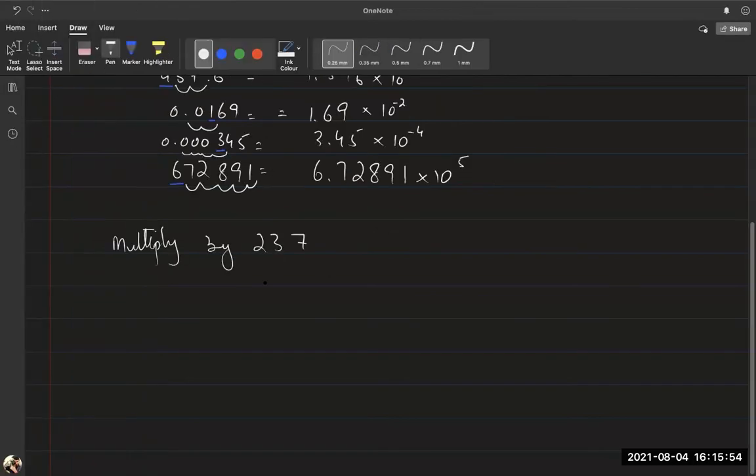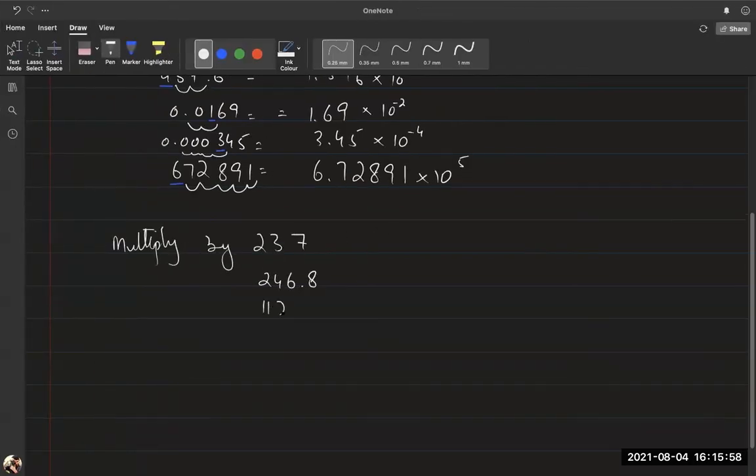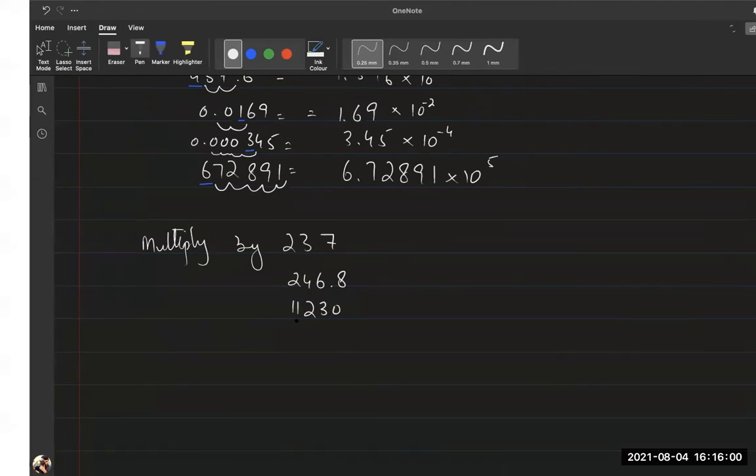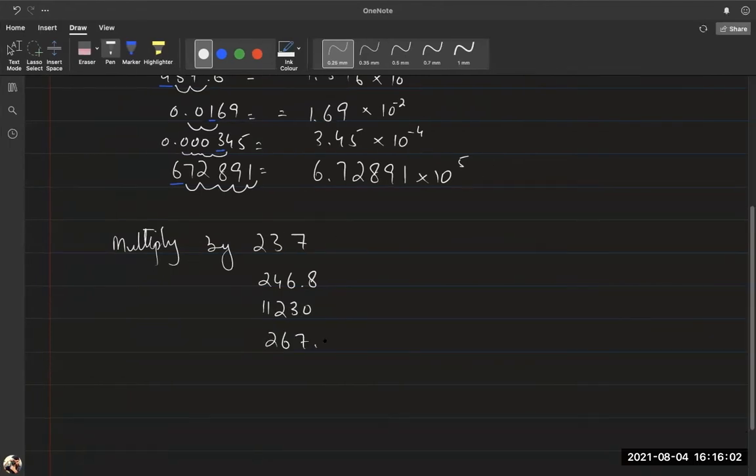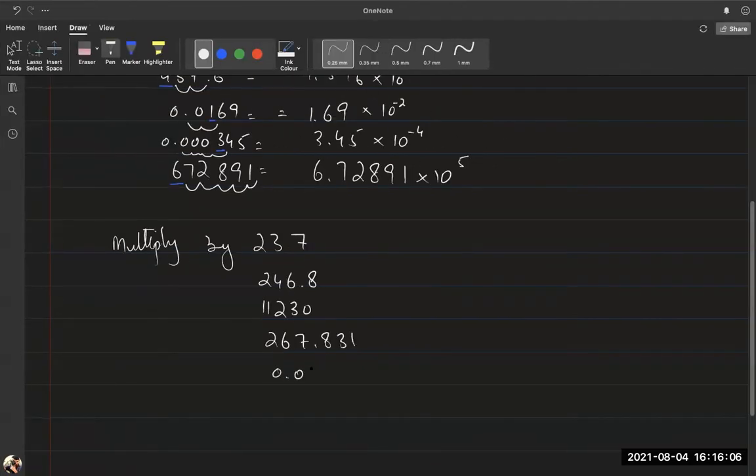Okay, so 246.8, that's the first one. Okay, go on. Multiply 237 with each of these and give me your answer in standard form.